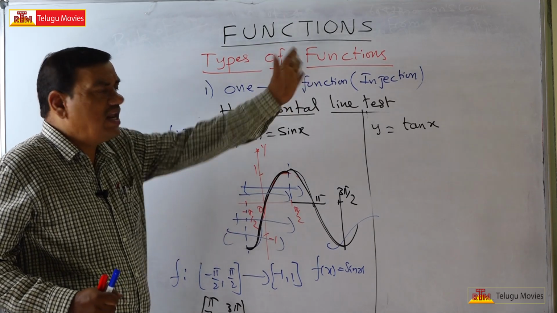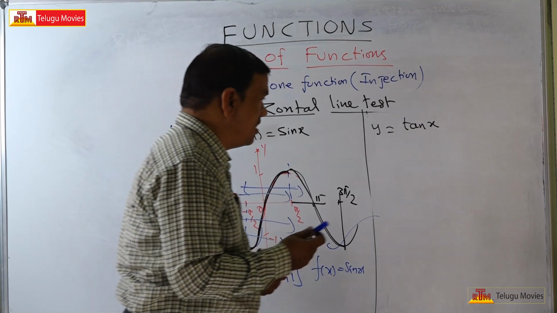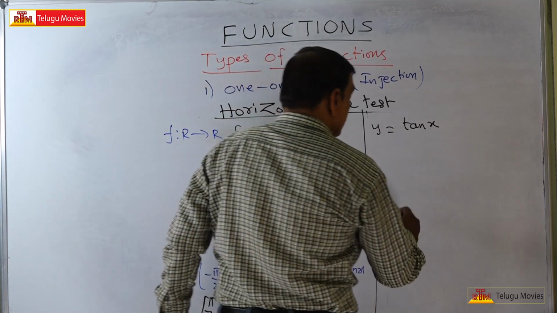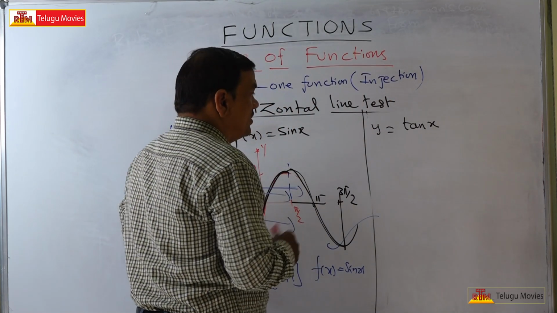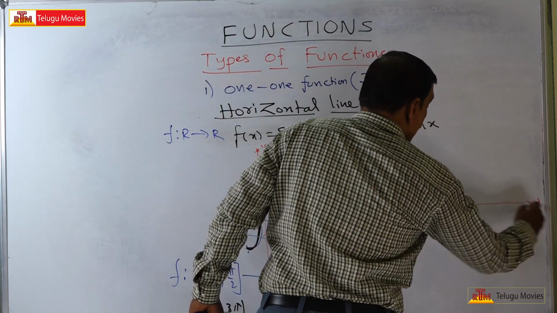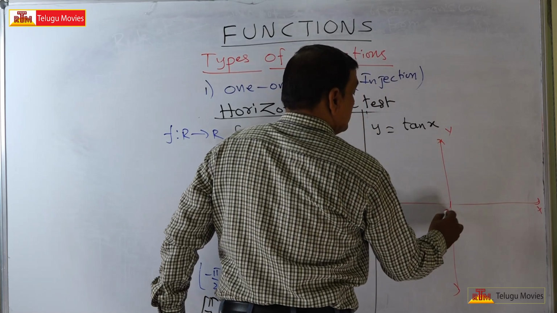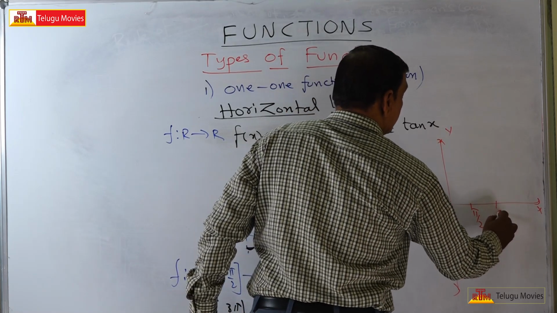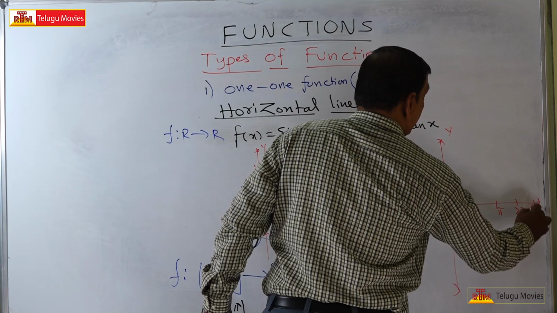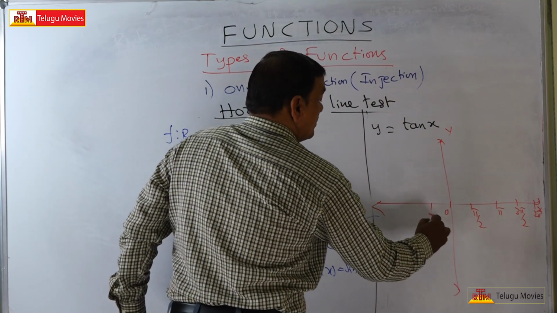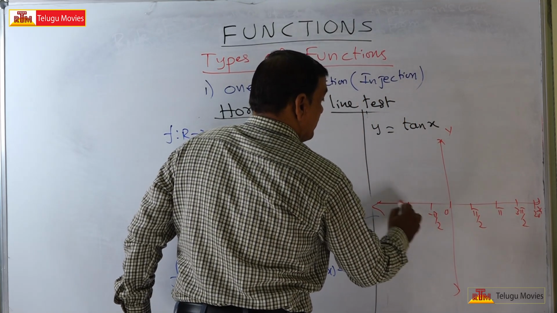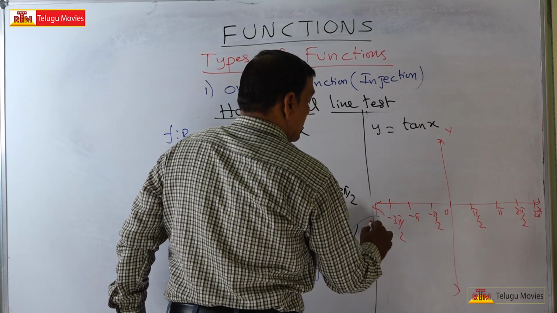Okay. Similarly we will see the tan x graph also. So here also let us draw the tan x graph. x-axis, y-axis, 0, this is pi by 2, this is pi, again 3 pi by 2, this is 2 pi. This side minus pi by 2, minus pi, minus 3 pi by 2, minus 2 pi.